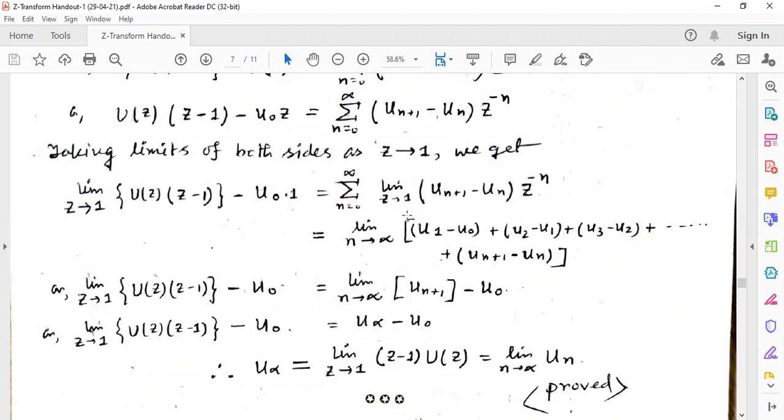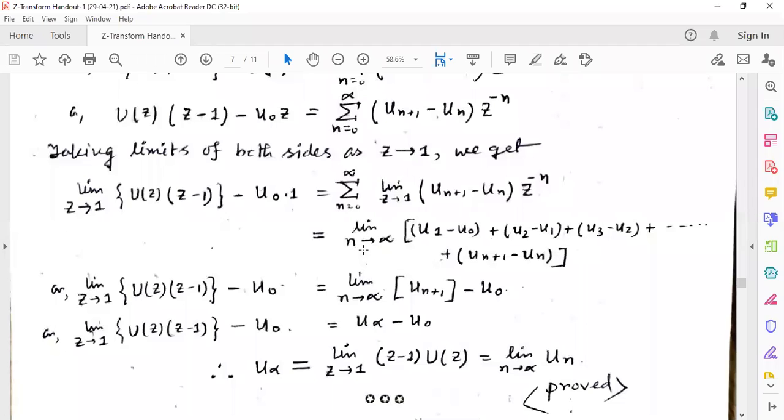Then if we put n equal to 1, then it will be coming u2 minus u1. If we put n equal to 2, then it is u3 minus u2 plus dot dot dot, whole thing z to the power something. As z tends to 1, 1 to the power something equal to 1, so this z vanishes as 1.